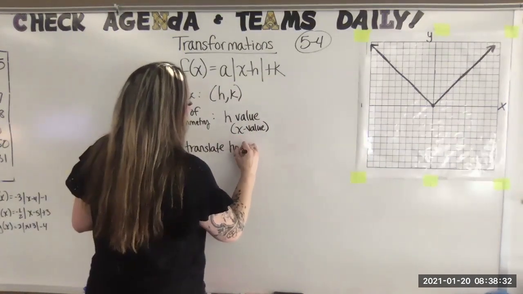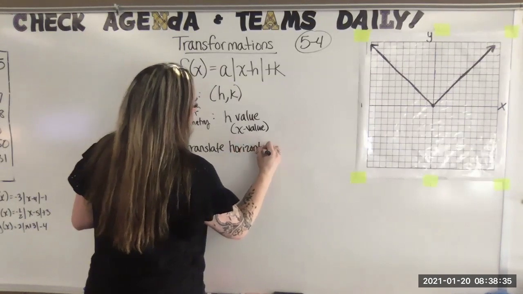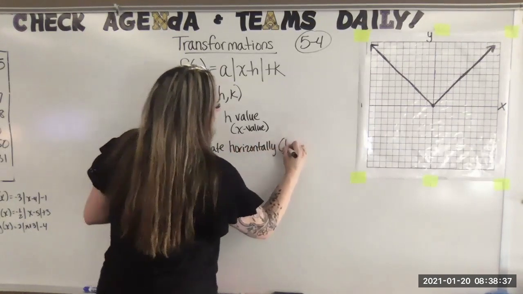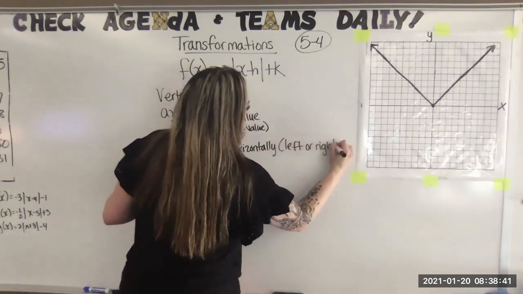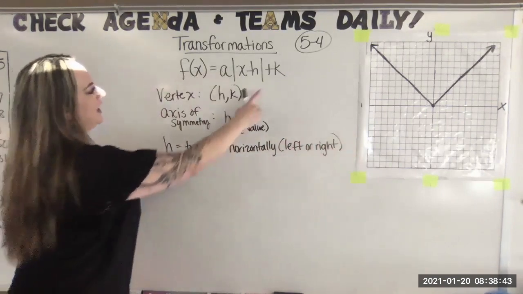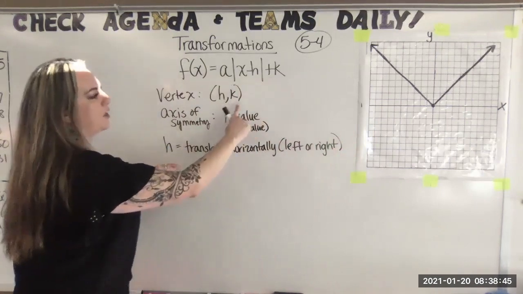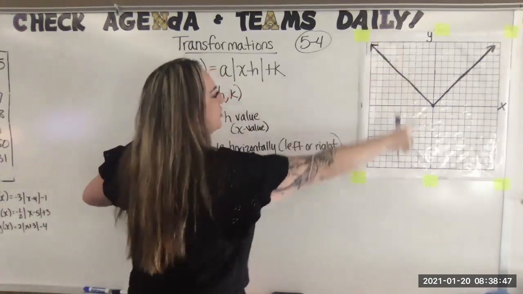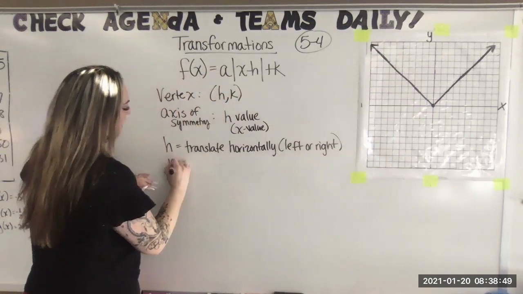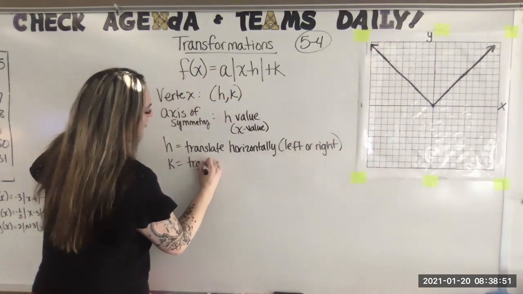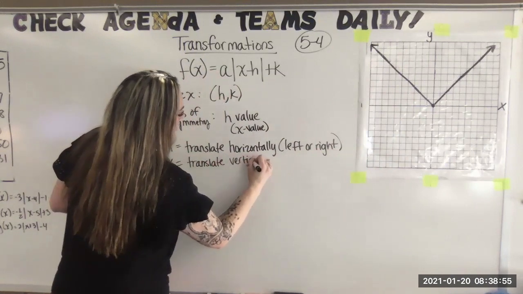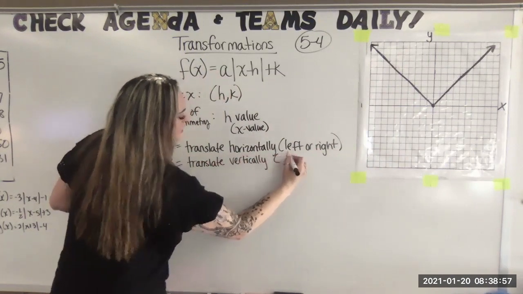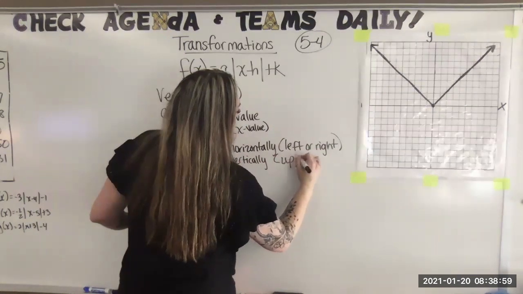Translate horizontally, then. Our k value represents how our vertex moves vertically. So k is going to translate our graph vertically. So this is going to move it up or down.